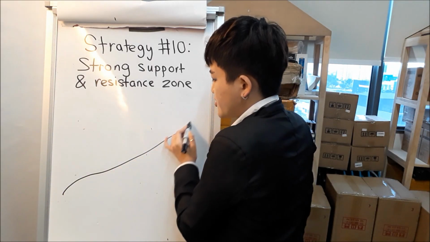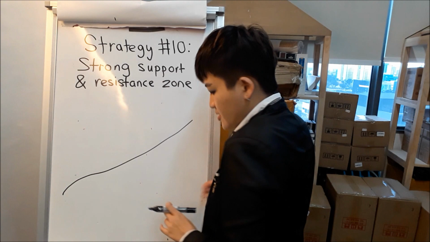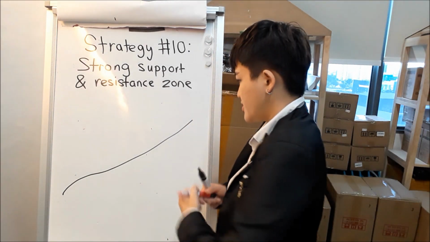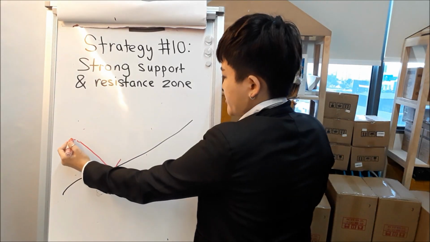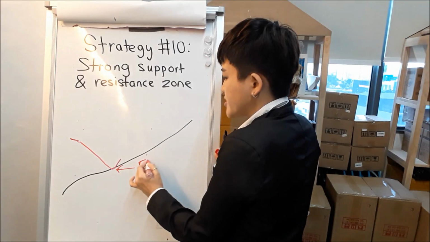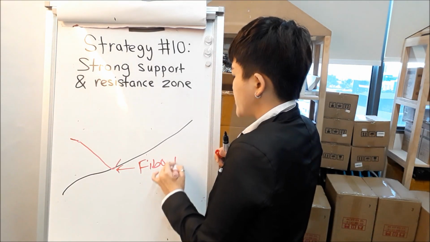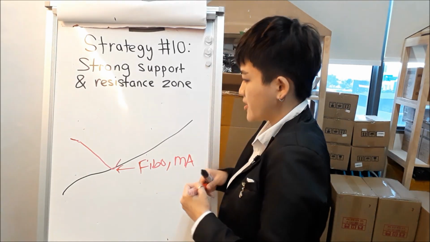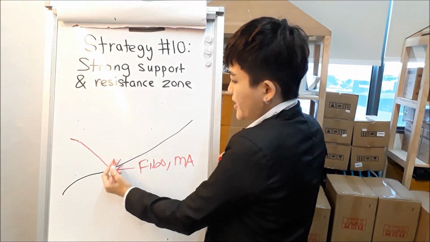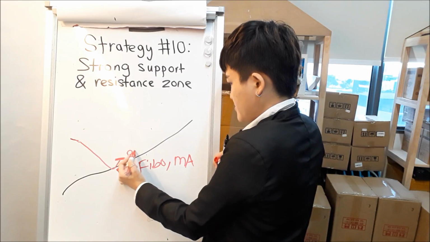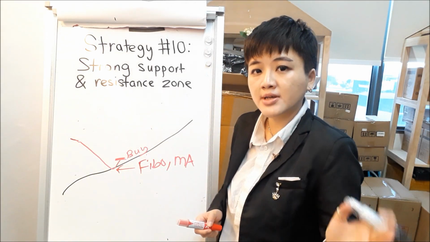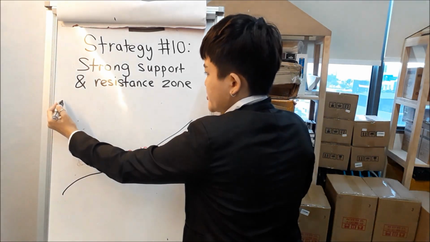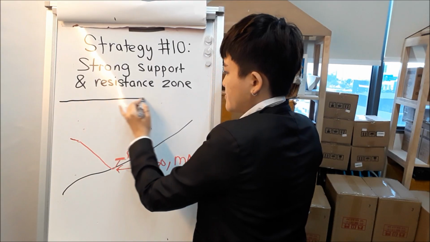So let's say you have entered when the price retraces to a very strong support level. Let's say you entered based on confluence of Fibo as well as moving average. Okay? And you put a buy order over here. And based on previous day price action, there's a very strong resistance over here.